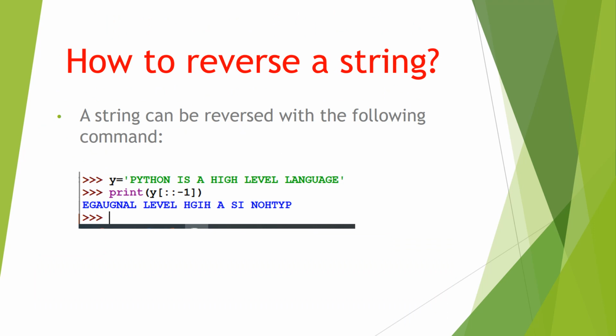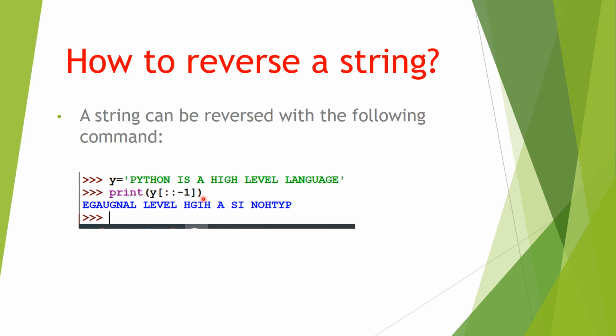How to reverse a string? A string can be reversed with the following command. So here we have given a string, Python is a high level language, in the variable y, and now we want to print this string in reverse order. So we'll give the command print, in the parenthesis the variable name y, and in the square brackets double colon -1, close square bracket and parenthesis.